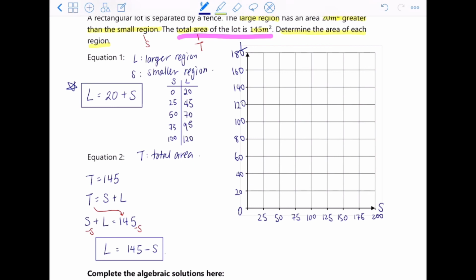So let's graph it. 0 and 20 is right here. 25 and 45, maybe here-ish. And 50, 70, in the middle here. So 75 and 95, close enough right here. Let's plot one more, 100 and 120. Okay, there we go.